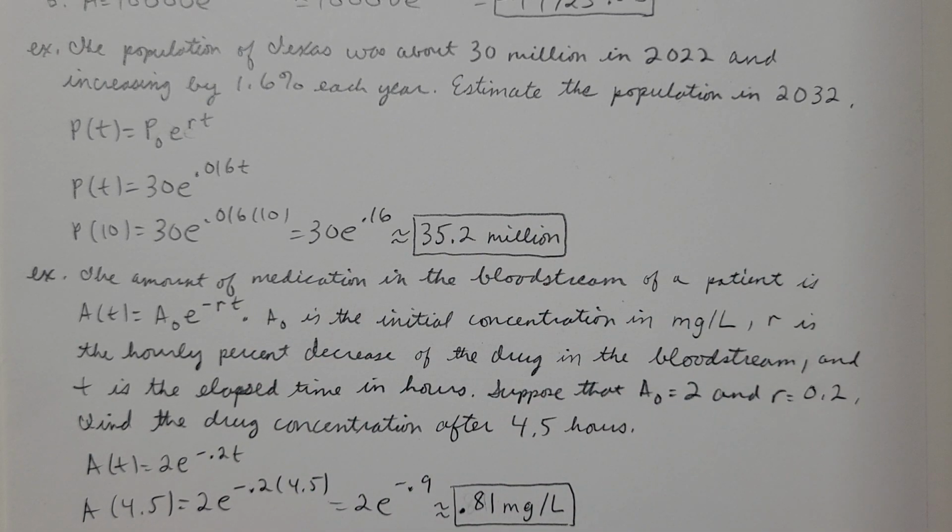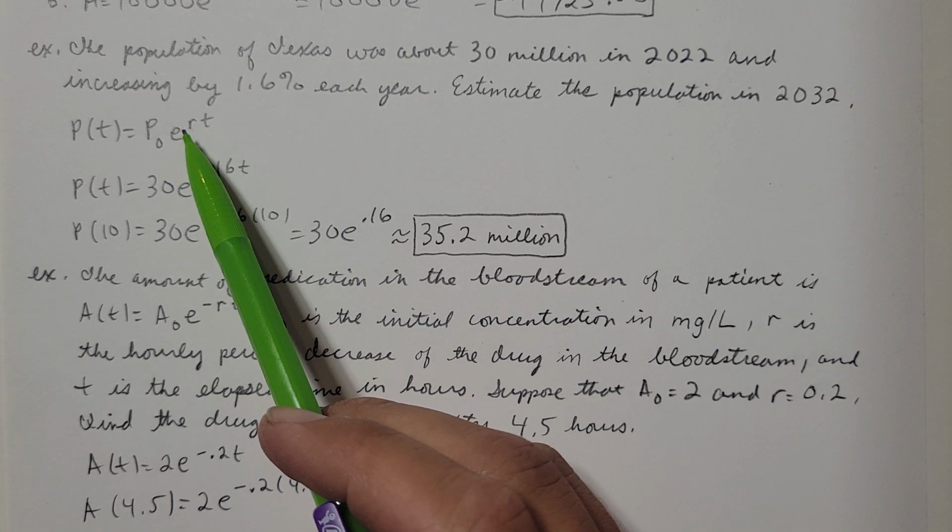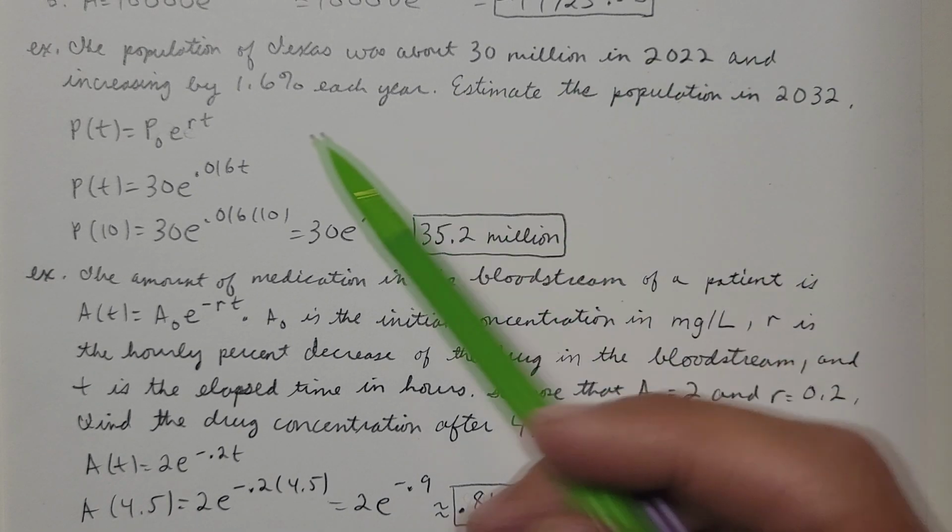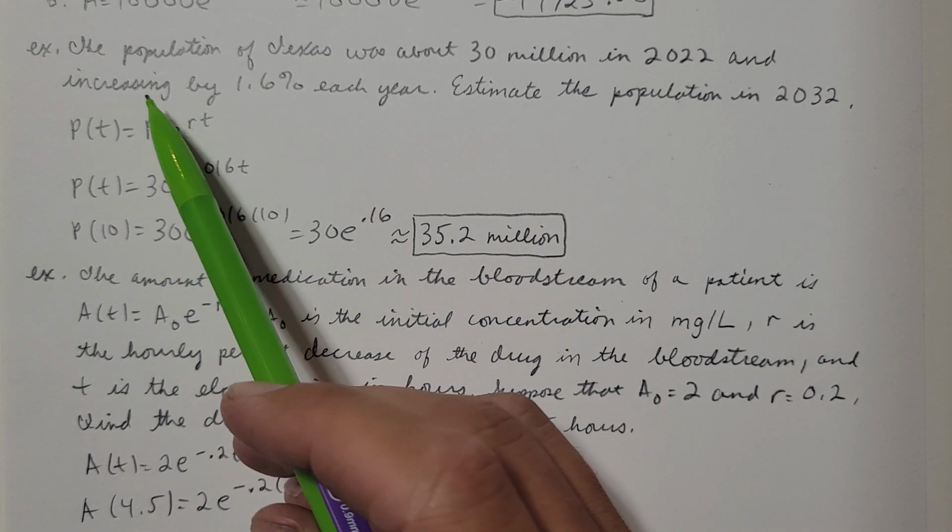Okay, like if you inject a medication into you, over time, there's going to be less and less medication in the bloodstream, right? Okay, whenever the power is a positive, that means that the population is going to be getting bigger over time. Okay, so like in the Texas problem, it makes sense that the power is a positive number rather than a negative number because the population is increasing.